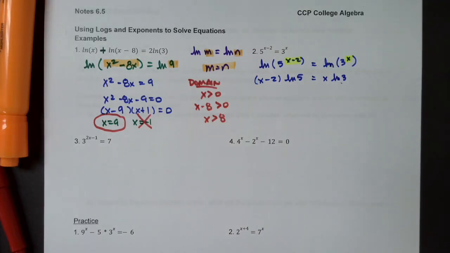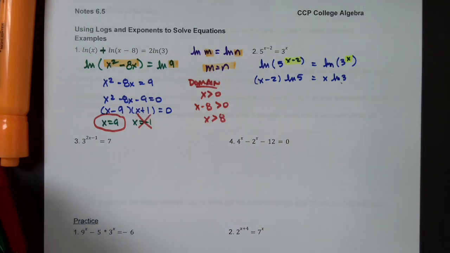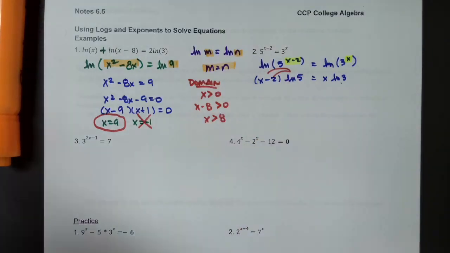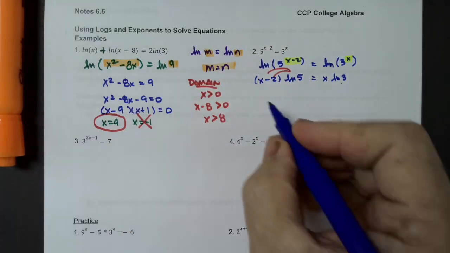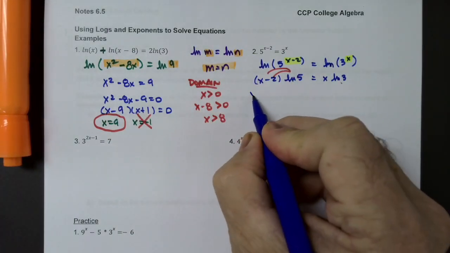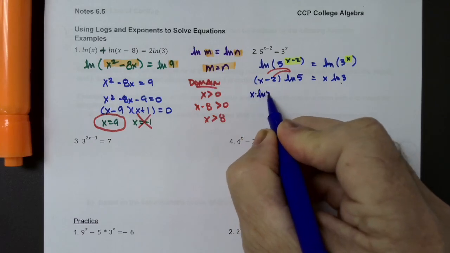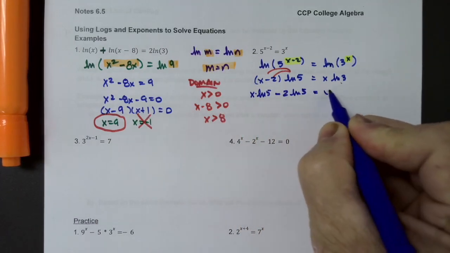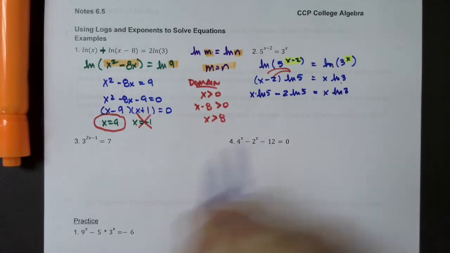Well, I need to get these x's by themselves, so we're actually going to have to go ahead and distribute. So this will give us x times the natural log of 5 minus 2 times the natural log of 5 equals x times the natural log of 3.